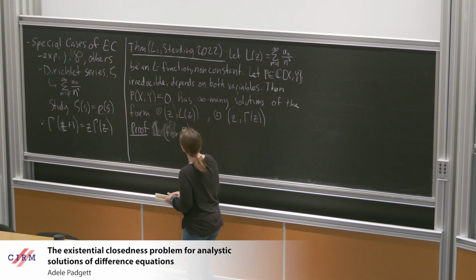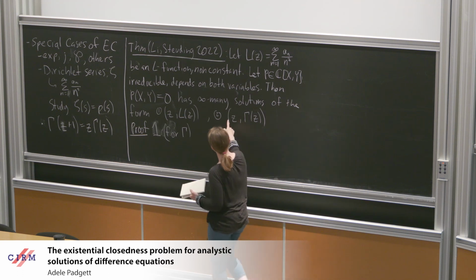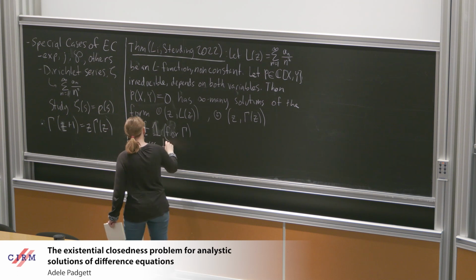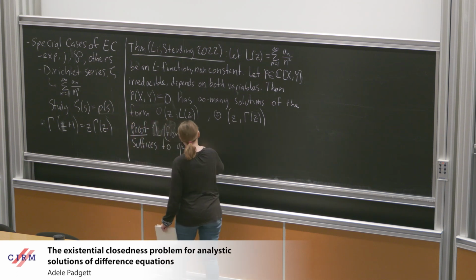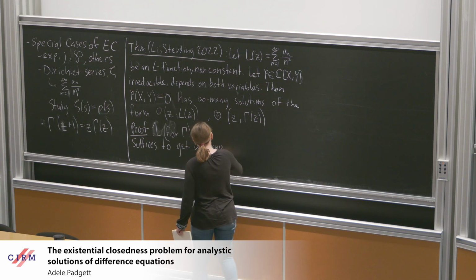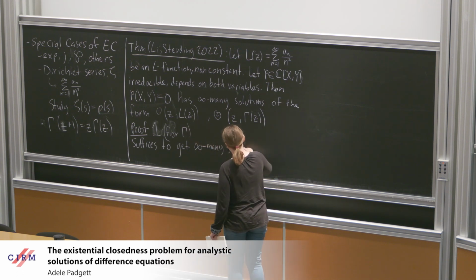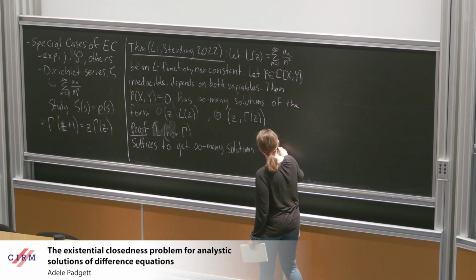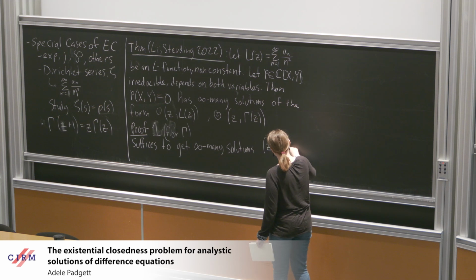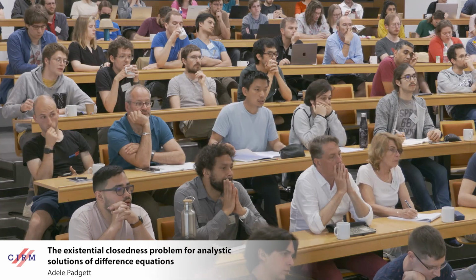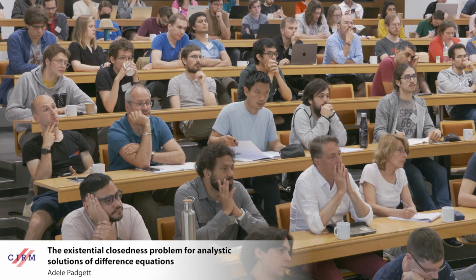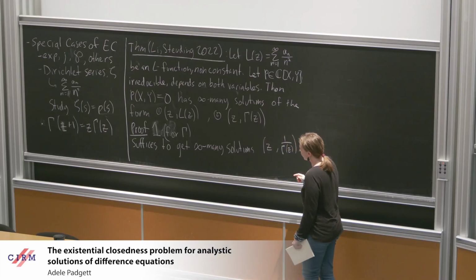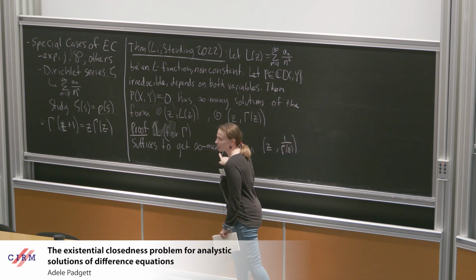So first notice that it suffices to find infinitely many solutions to P of x, y equals 0 of the form z comma 1 over gamma of z, right? Because if you can always find solutions like this, then clearing denominators, you always get solutions like this. So suppose there are actually only finitely many solutions.